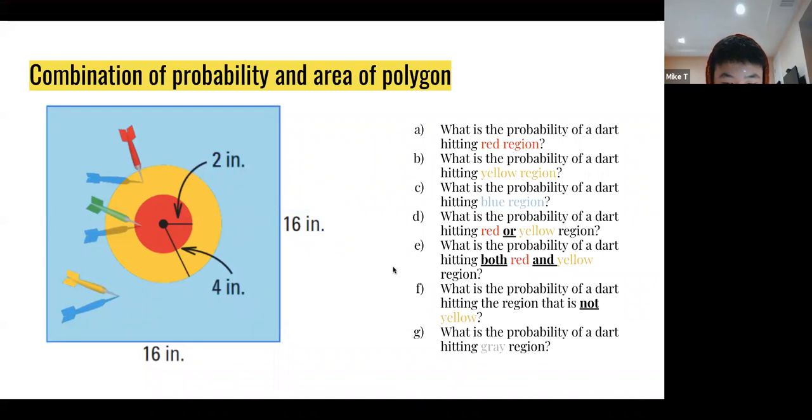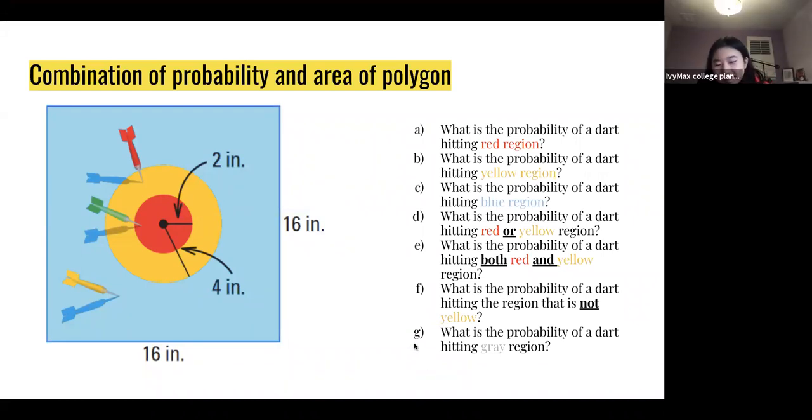Cool. Yeah, and okay, so we'll go over G together. It asks, what is the probability of the dart hitting the gray region? As you saw in the picture, there is no gray region. There is no gray color.